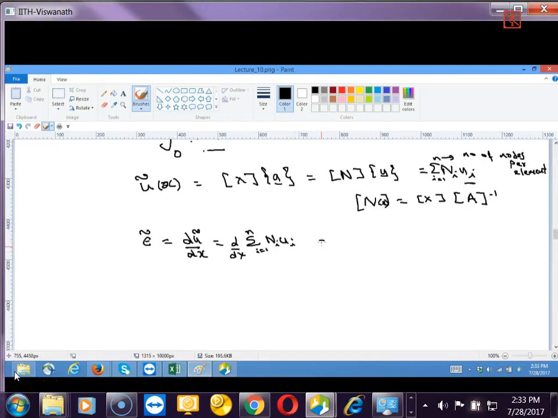That is nothing but summation of ui dNi by dx, because these are arbitrary constants and should be independent of x, whereas the only x dependence, the independent variable dependence, comes from the interpolation functions. This is how you can write it. Okay, so this makes our definition of strain.